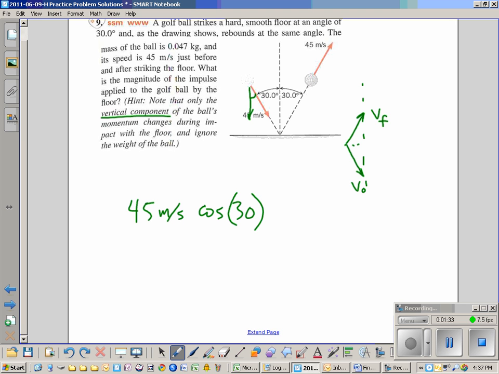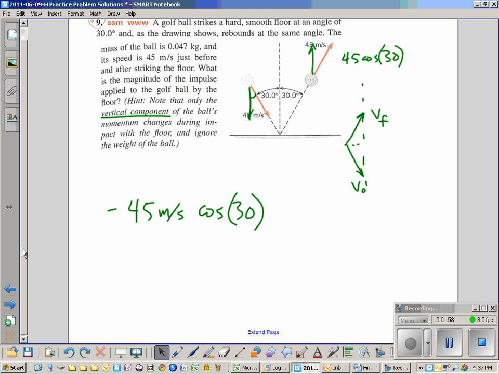Then when we go back up this way, it's going to be 45 cosine 30, positive. Here it's going to be negative. All right, so that's conceptually what we're going to be doing.